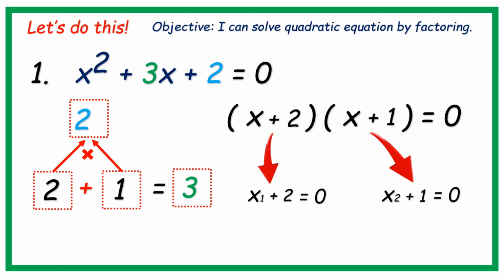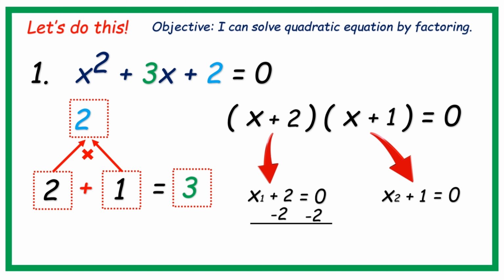In order for us to answer this, we need to isolate the variable. How are we going to do that? By adding negative 2, because when we add 2 plus negative 2, we will get 0. When we add negative 2 on the left side of the equation, don't forget to add negative 2 on the other side.